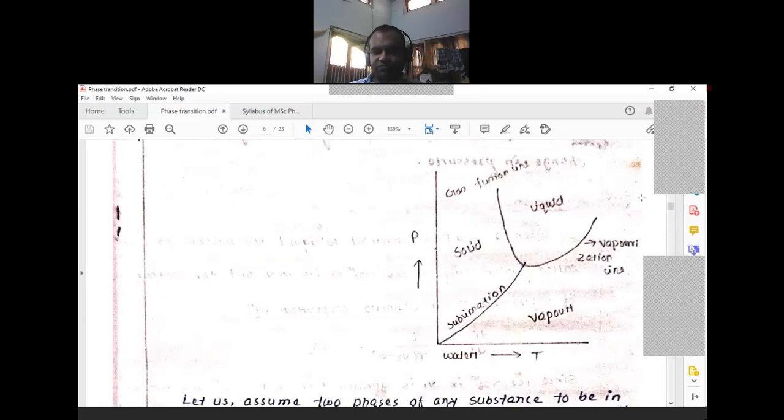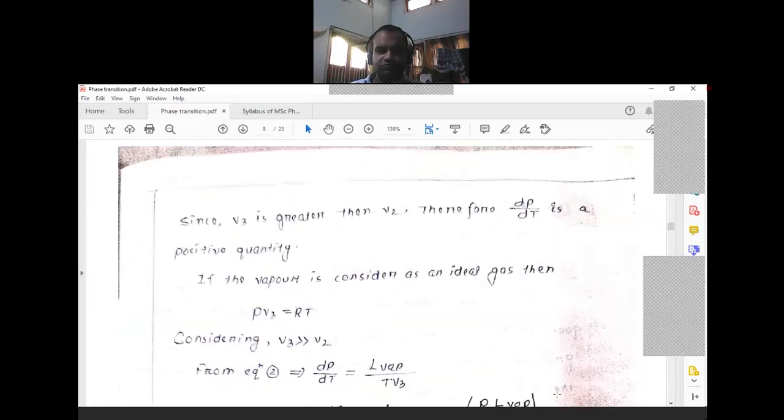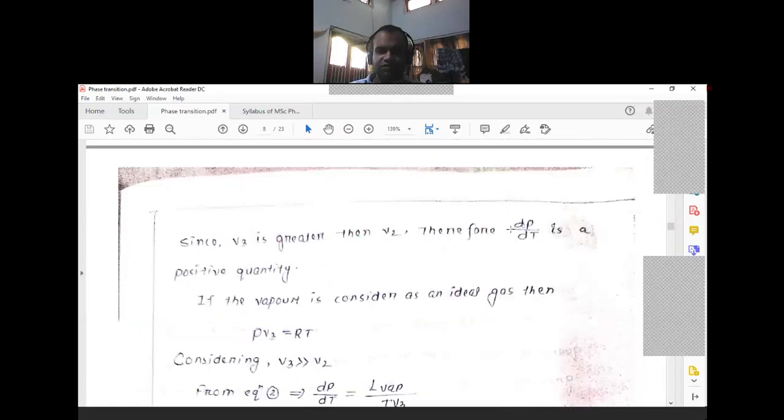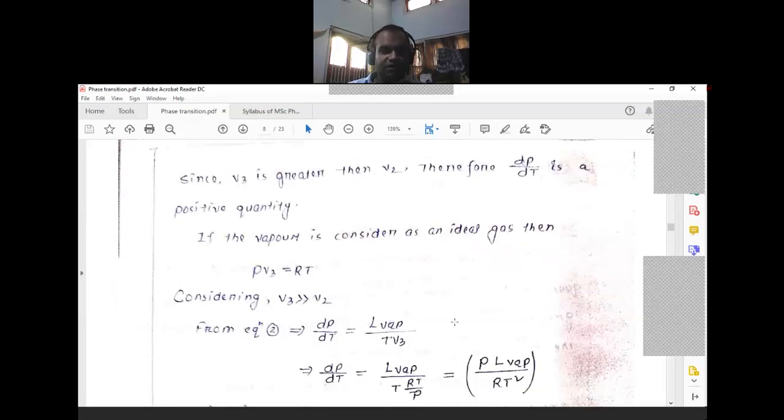And dP over dT is nothing but the slope of this plot. So as I already mentioned, this plot has a positive slope. Why? Because it is increasing like this. It is not a very straight line, but still it is increasing. P is along the y-axis and temperature along the x-axis, so dP over dT has a positive slope.